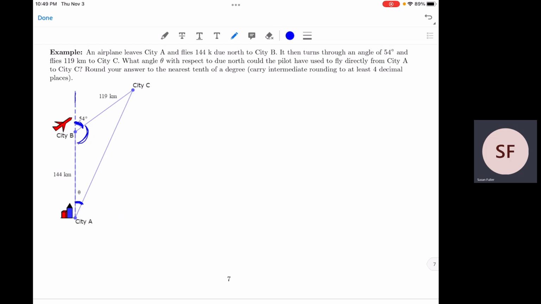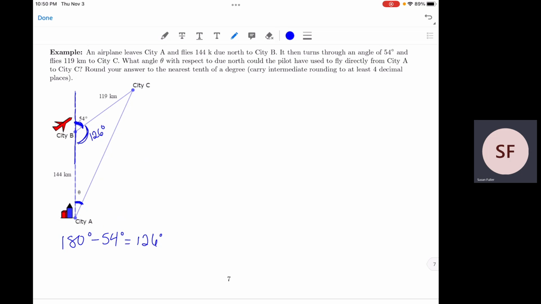Because this is a straight line, then that entire angle there is 180 degrees. Since 54 degrees takes up that top part, this bottom part down here is going to be 180 degrees minus 54 degrees, which will leave us with 126 degrees. So that's how big that angle in here is.